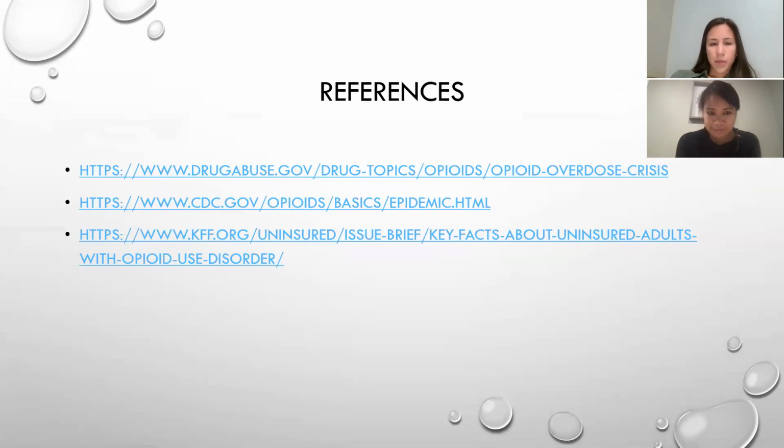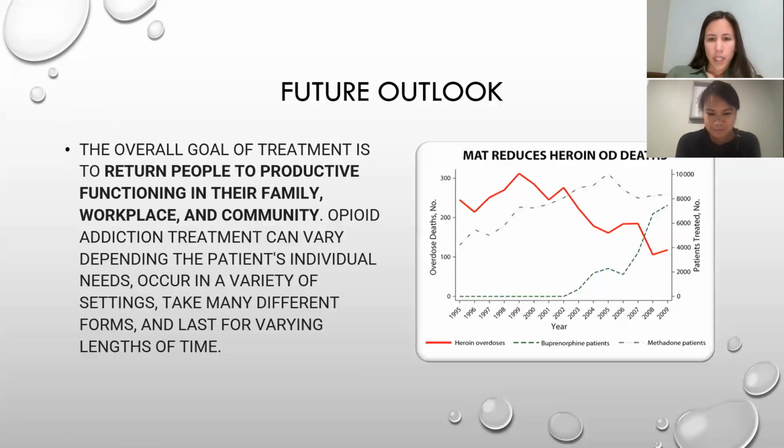That is the end of the references. I just want to say it's been interesting to see patients on different parts of this journey. We have some patients who have been on Suboxone for a really long time and are stable. We have patients on the naltrexone injection, which has been really great for them, and they tried that after trying Suboxone and found it a better option.